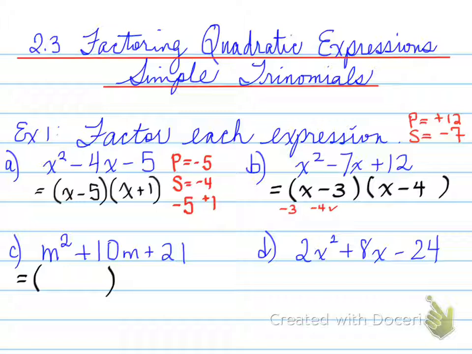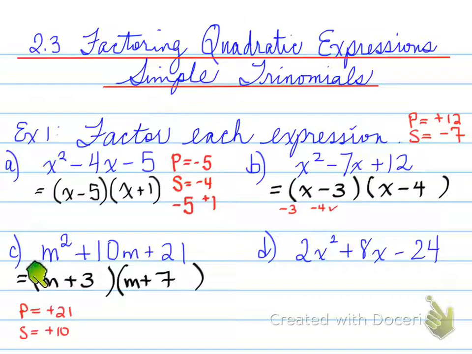m squared plus 10m plus 21. Again, double set of brackets, put an m in each bracket, and now we need to find the product, which is +21, and the sum is 10. Hopefully you're thinking right away, what two numbers multiply to give us 21 and add to give you +10? You get m plus 3 and m plus 7.